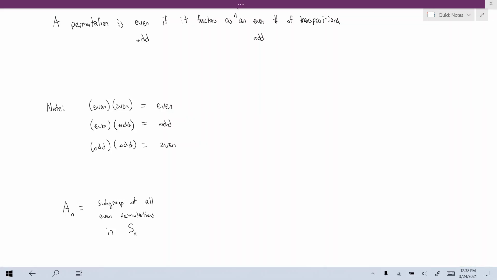And then just a couple other miscellaneous facts that I wanted to mention, and then I'm going to wrap up the video. So the number of permutations in Sn, the number of elements in Sn, the order of the group Sn, is equal to n factorial. So it's sometimes good to know that.